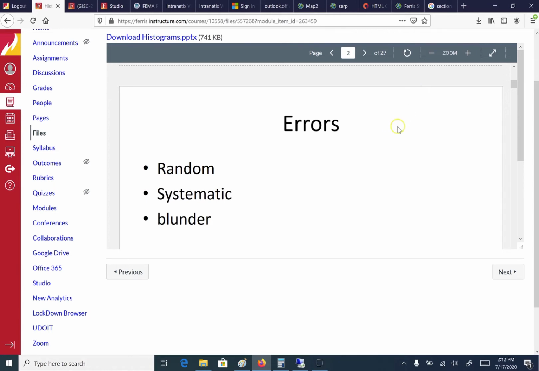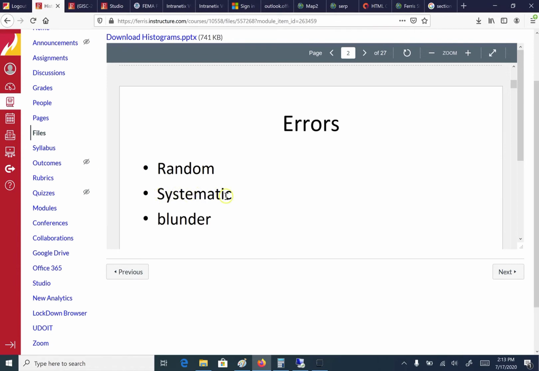There are 3 types of errors that we can distinguish. Random errors cannot be eliminated. They come from user error, instrument error, pointing an instrument in not exactly the right direction.